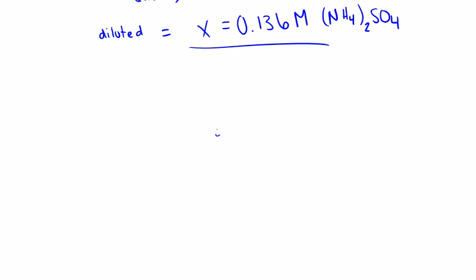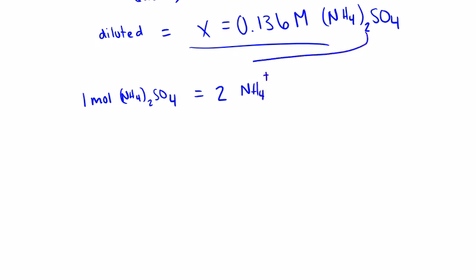Okay, so we need to take a relationship like we did in the last chapter, chapter 3. So I know that in order to make 1 mole of (NH4)2SO4, I need 2 ammonium ions, right? We can see that in the chemical formula.